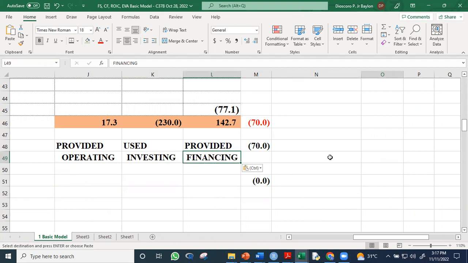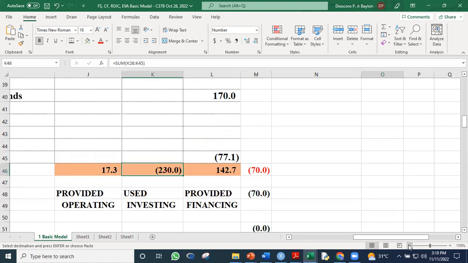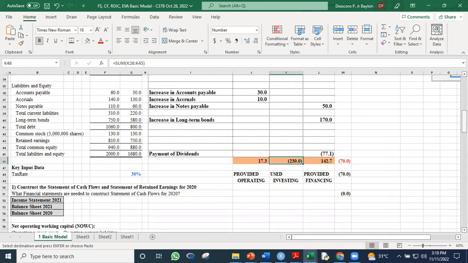So this was cash provided by operating activities. This is cash used by investing activities. And this is cash provided by financing activities. Pag provided, it means source of cash, positive. And pag used means use of cash, negative.